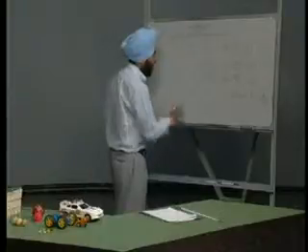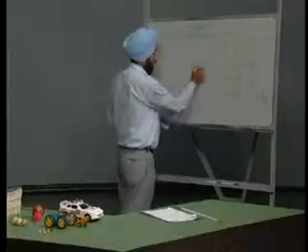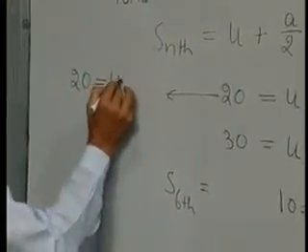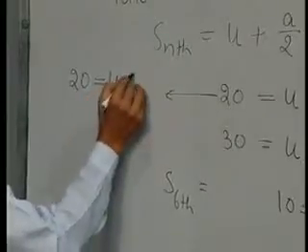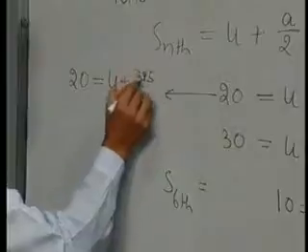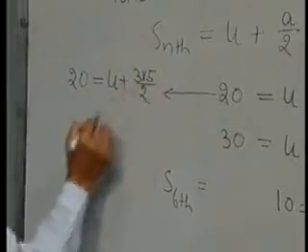Now, if we substitute this value of a in the first equation, what do we get? 20 is equal to u plus 3 into 5 by 2.